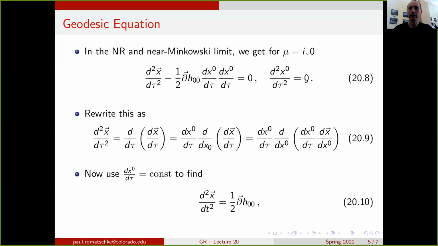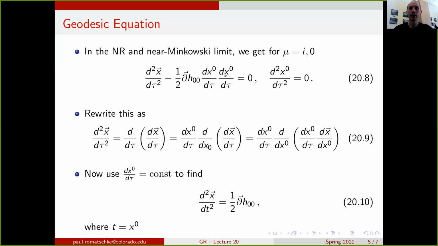Now, I said that this condition implies that dx0 by d tau is constant, so we can pull this term out of the derivative, and we find that we have dx0 by d tau squared times d squared x vector by dx0 squared. So this is this term here if I denote x0 by t.